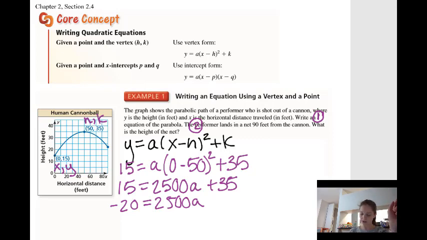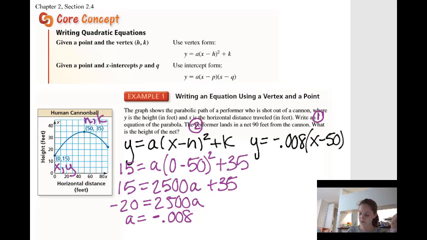Divide both sides by 2,500, and you'll get that a is equal to negative 0.008. It makes sense that our a value is negative because this parabola opens downward. So therefore, we have all the information to write the equation. y equals negative 0.008 times x minus 50 squared plus k, which is 35. So there is the answer to 1.